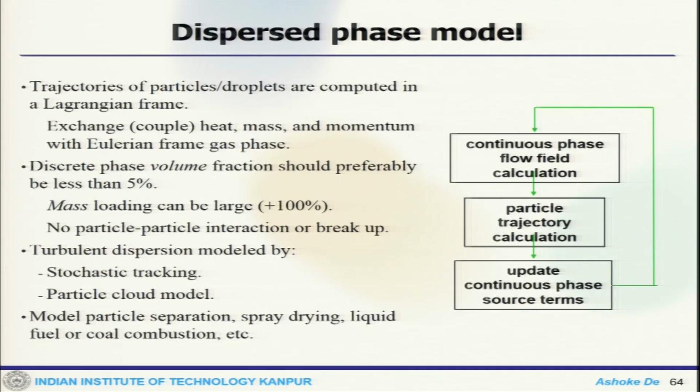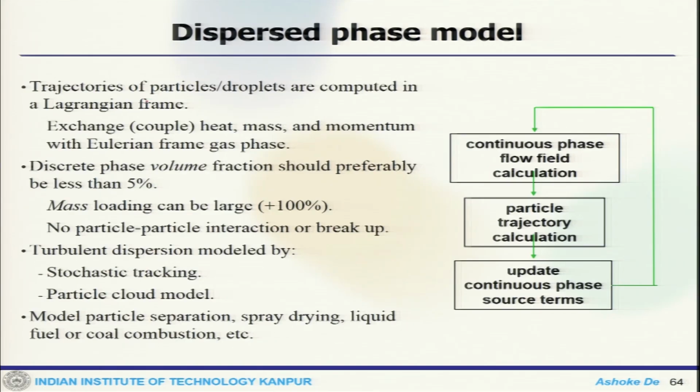There are certain specific requirements one has to keep in mind when using the discrete phase model. It is recommended that you keep the volume fraction less than 10%. The reason is that the discrete phase model does not take into account any particle interaction. Particles do not know about one another, and if the volume fraction is much higher than 10%, the influence of particle interaction may become significant.